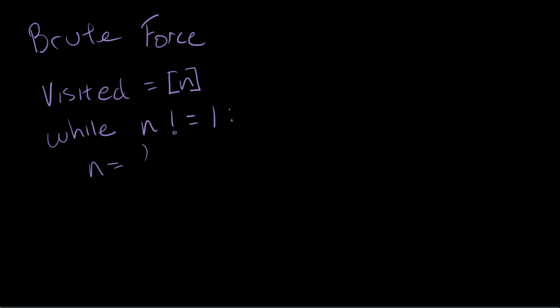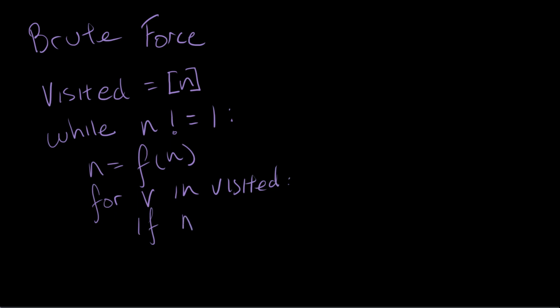While n does not equal 1, n is equal to f of n, so we've summed the squares of its digits, and then we'd say for v in visited, if n equals v, then that means we have seen this before without getting to 1, and so we will return false because we're not a happy number.